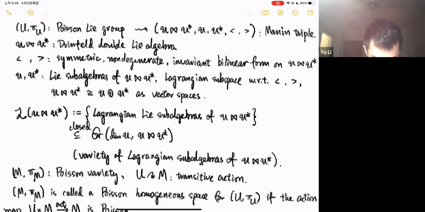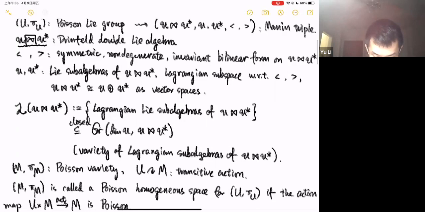So it consists of the following things. We first have this symbol here, which is usually called the Drinfeld double Lie algebra. This means that U acts on U star by the coadjoint action, and U star also acts on U by the coadjoint action.